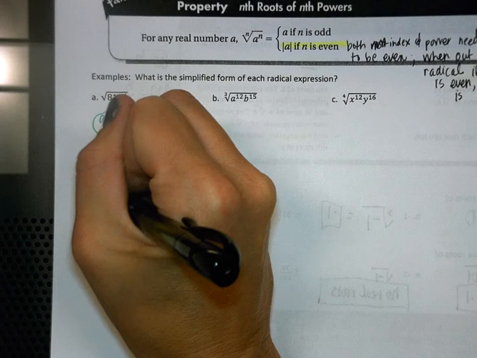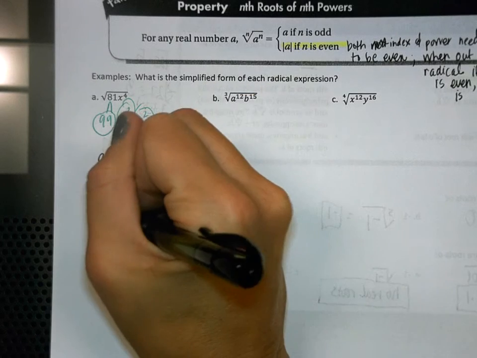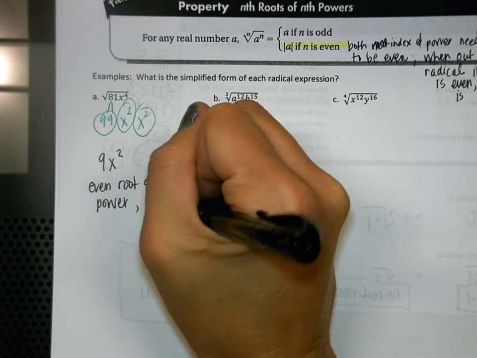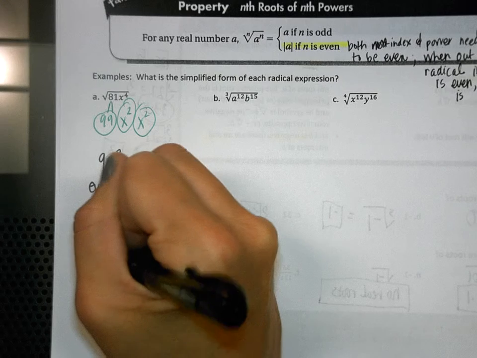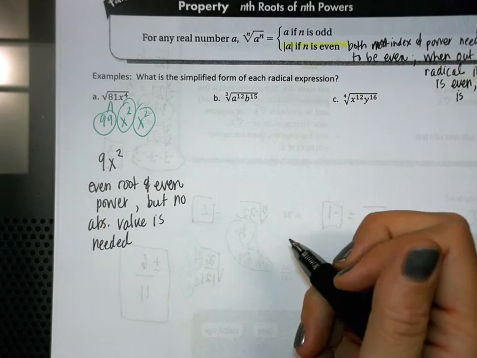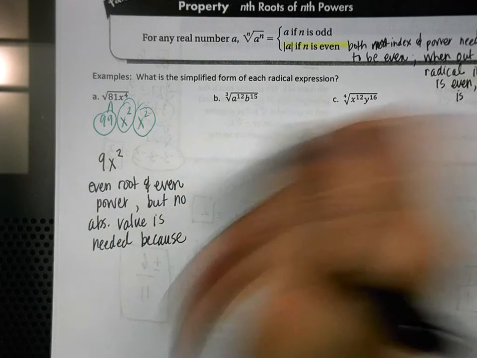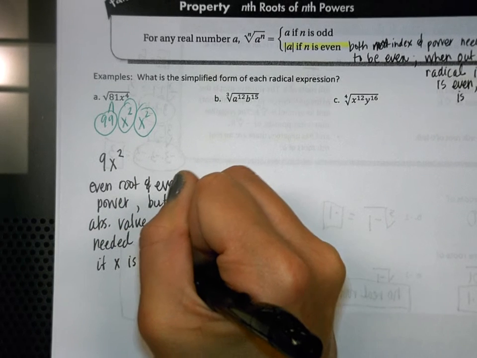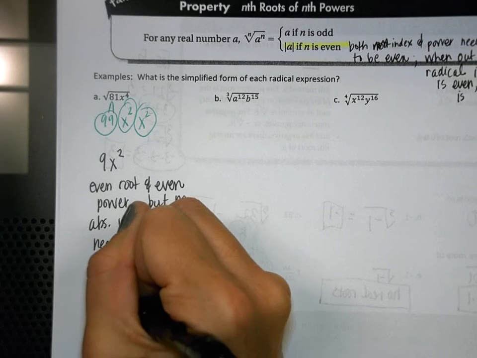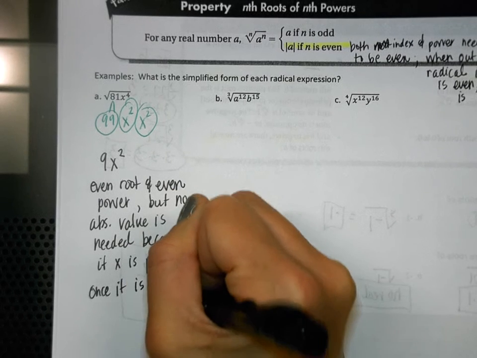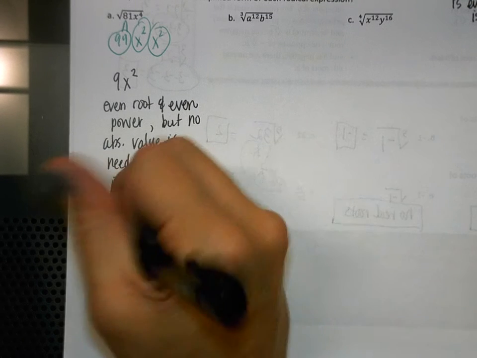So we had an even root and even power, but no absolute value is needed because if x is positive or negative, once it is squared, it will always be positive.